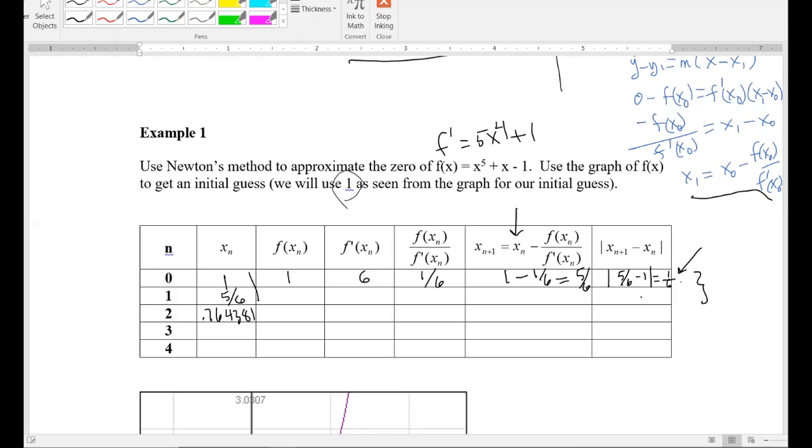And of course, keep as many digits as possible to keep us from losing our accuracy along the way here. So that's the next estimate. And of course, you can find the difference between those two and put that over here. Now that's not built into the calculator. You'd have to do that yourself with an extra computation. But back to the calculator now.